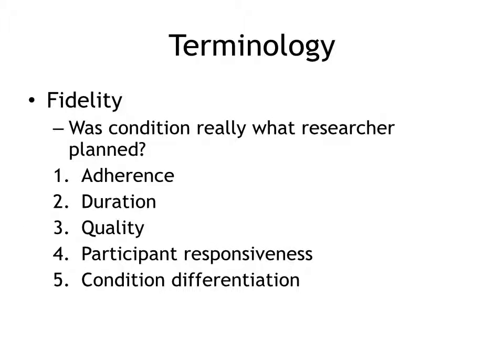Another term that you will see a lot in experimental research is fidelity, or program fidelity, or intervention fidelity. And what that is talking about is what is happening in that intervention really truly the condition that the researcher planned.